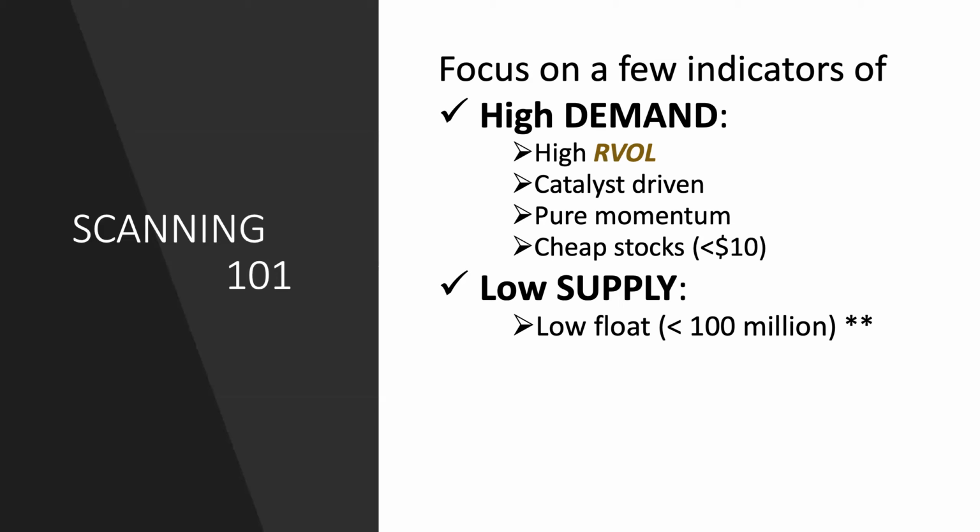I have put the number of outstanding stock, or the float, to be less than 100 million. But I'm much more comfortable with companies that have less than 10 million, or around 10 million total stocks in the market. Now, if you have these two things fulfilled, then you find a winner for the day.